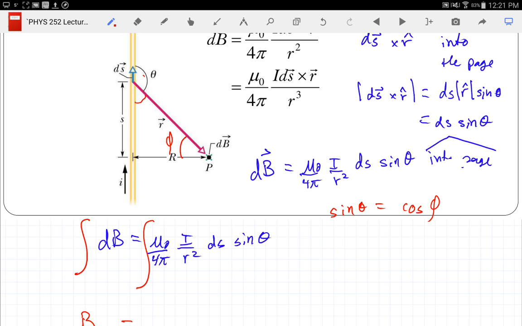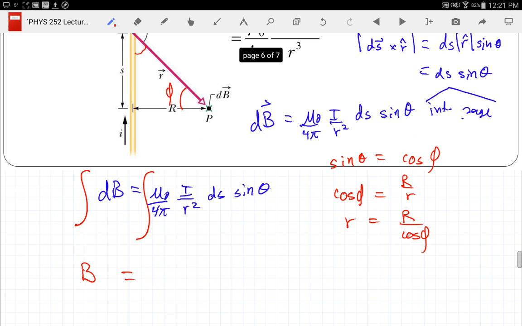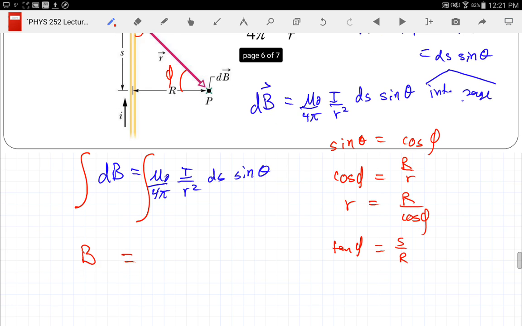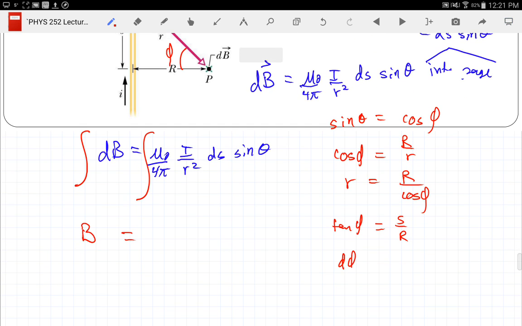Then the second shift, using phi, I would have cosine of phi is equal to capital R over R. So lowercase r is equal to capital R over cosine of phi. And then I have the final one, tangent phi is equal to S over R. Derivative of tangent phi is d phi over cosine squared of phi is equal to ds over r.